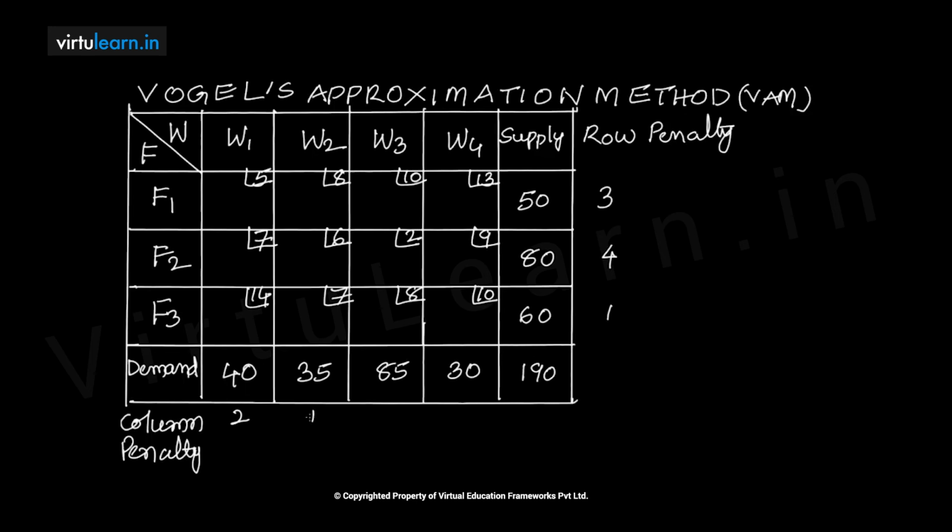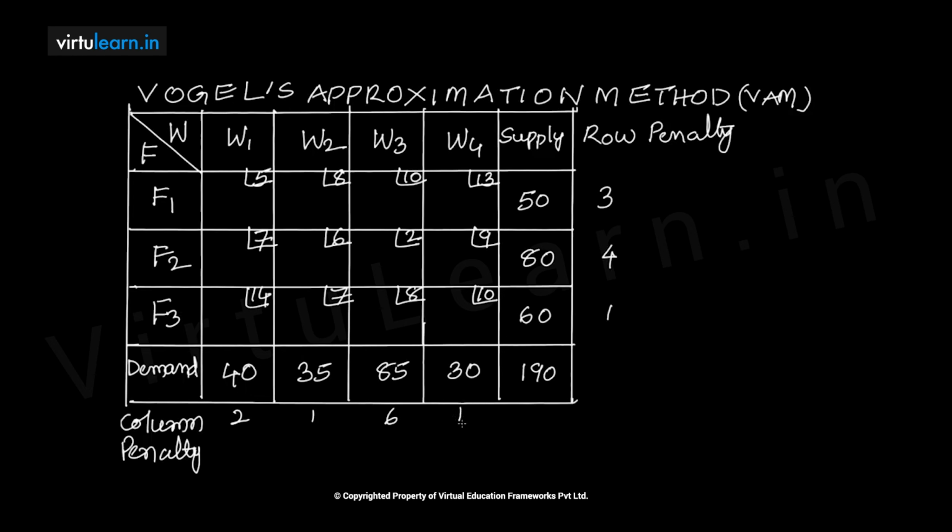So 1 is the penalty. Here in this case, 2 is the least, next least is 8. So 6 is the penalty. And then here we will see 9 is the least, 10 is the next least, 1.